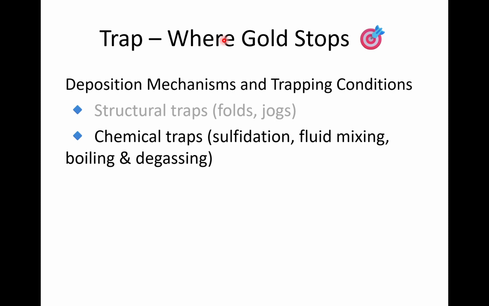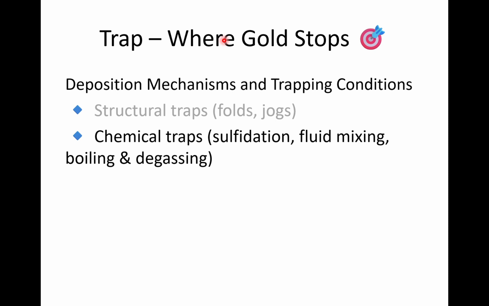For example, at Hemlo, the gold is intimately associated with arsenopyrite and other sulfides replacing host rocks. The deposit's host sequence included iron-rich sediment.